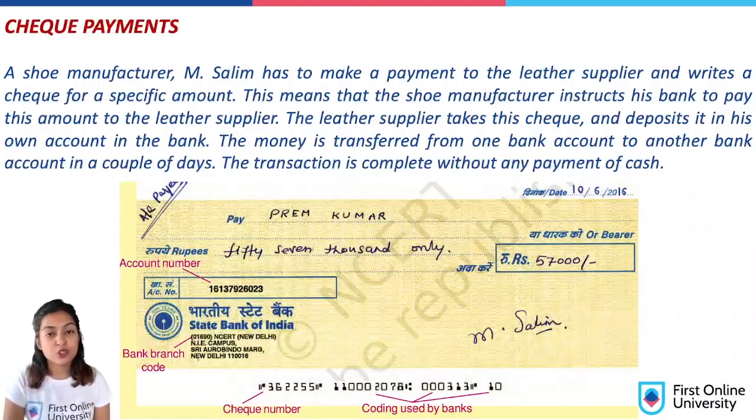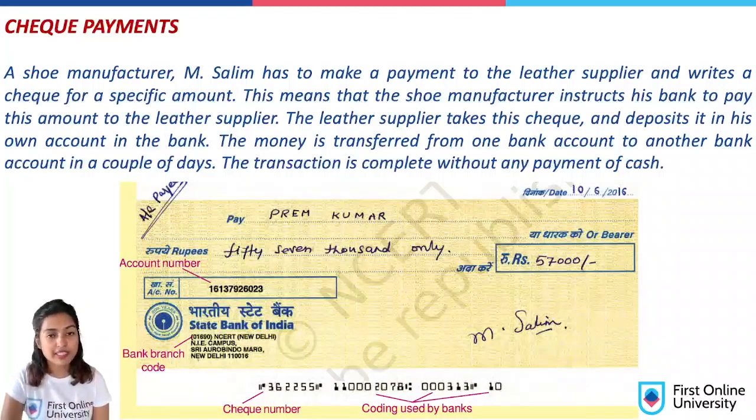This means that the shoe manufacturer instructs his bank to pay this amount to the leather supplier in his name. The leather supplier takes this check and deposits it in his own account in the bank. The money is ultimately transferred from Salim's account to Prem Kumar, that is the leather supplier's account, in a couple of days. The transaction is complete without any payment of cash, but the bank has handled it.